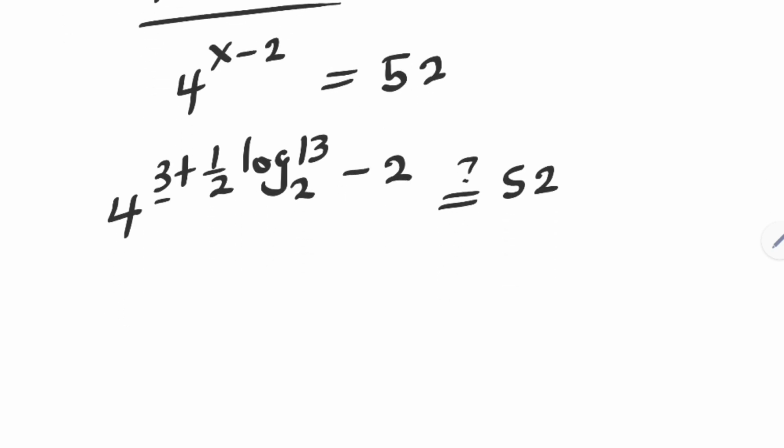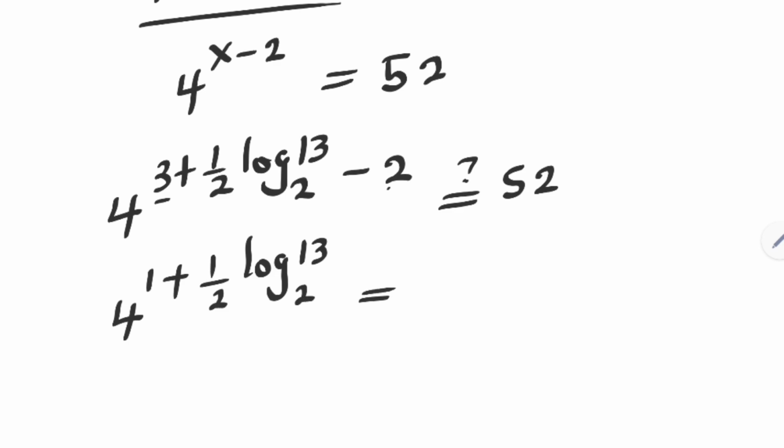This is 3 minus 2, that is 1. 4 raised to power 1 plus 1 over 2 log 13 base 2 must be equal to 52.